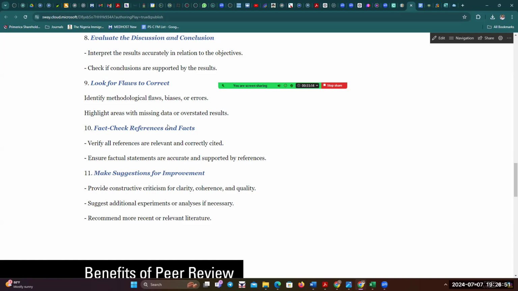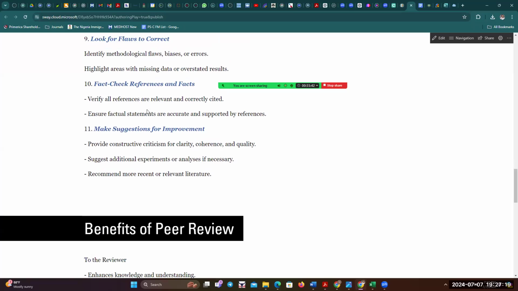I like the idea of what they call positive peer review, a peer review that seeks to strengthen rather than a negative peer review. Negative peer review is a peer review that seeks to diminish and critique and cause terrible rebuttals that will make the author not even think of writing again. Okay, so look for flaws to strengthen, biases and errors, highlight areas of missing data.